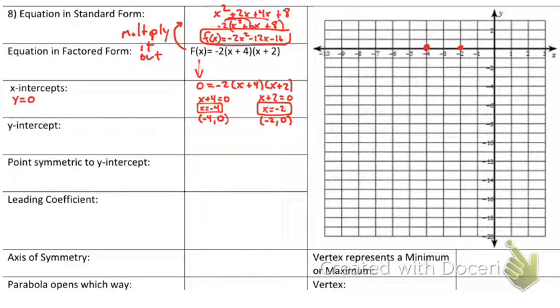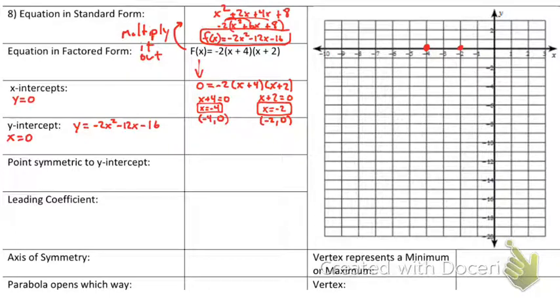Now for the y-intercept, we do the opposite. We take our equation and we set x equal to 0. Again, I like using the standard form because what you'll notice is there's a pretty easy pattern that happens here. So we're going to do y equals, and our standard form is negative 2x squared minus 12x minus 16.